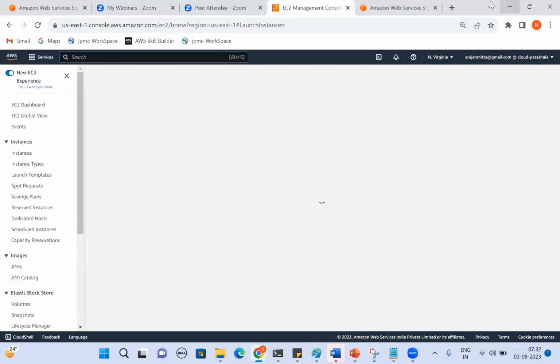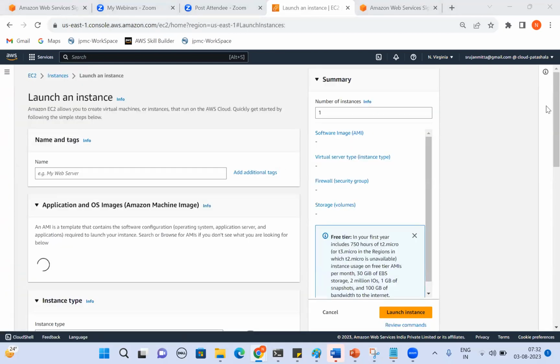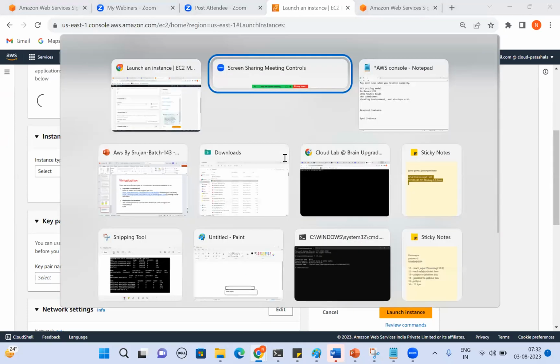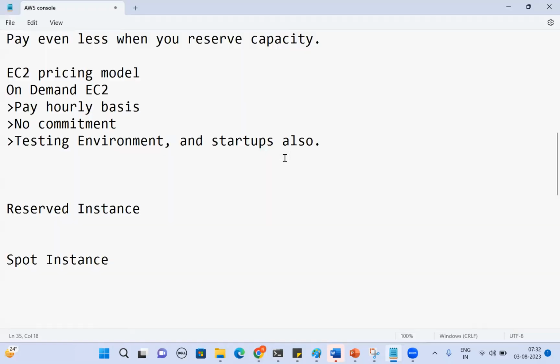Okay, I will tell you that later on also. There will be an option you can use it for free also, Anurag. Okay, sorry, Anurag. Fine.